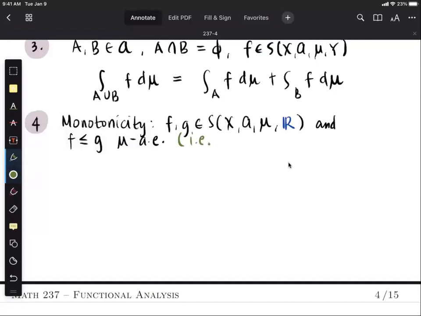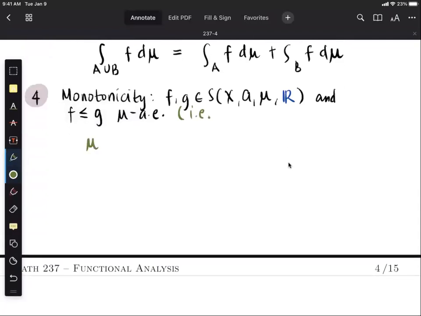Take note that a property holds mu almost everywhere if the negation of that property holds in a set of measure 0. So if we take the outer measure of this set, the set f greater than g is an abbreviation of the set of all x in the domain wherein the inequality holds.